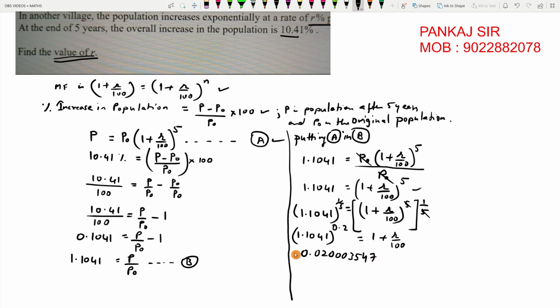Right, on the calculator I'm getting this value. This is equal to 1 plus R over 100. Now this, let me reduce it to 3 significant figures. So I'll get 1.02 equal to 1 plus R upon 100.